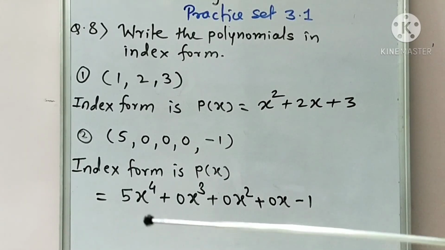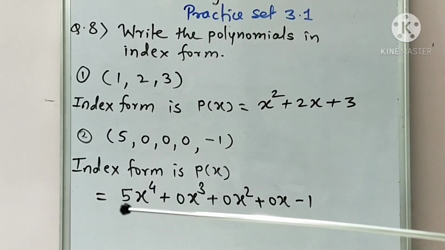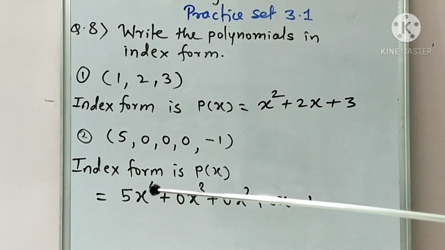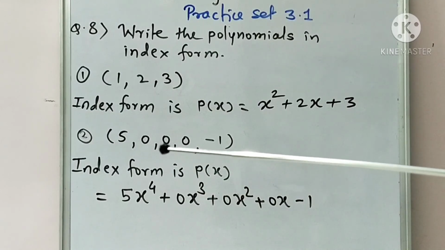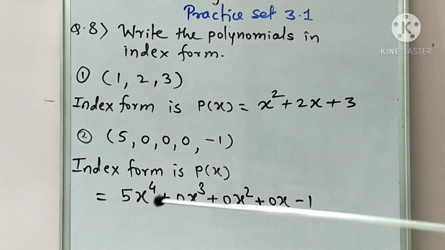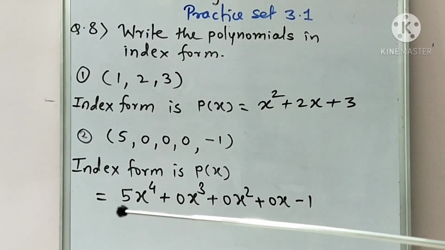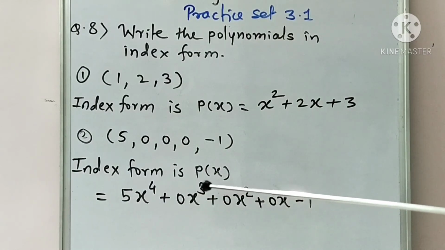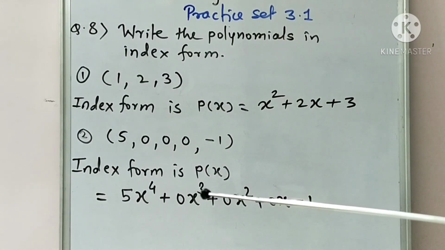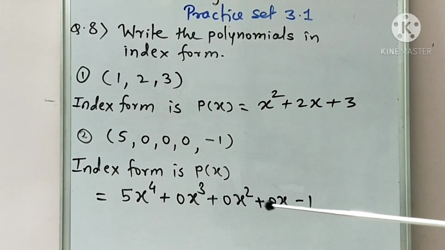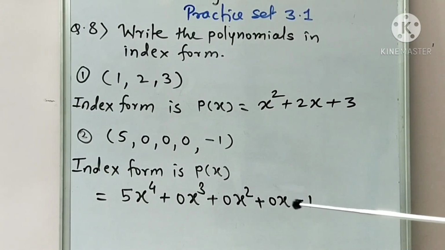Understood? Here the coefficient is 5, so we keep that 5 as it is, 5x raised to 4, because the number of coefficients is 5, so we reduce it by 1, and hence the degree of the polynomial is now 4. 5x raised to 4 plus the next coefficient, 0x cube. Here we write in descending order of power, plus 0x square plus again 0x, and then the constant term as minus 1.